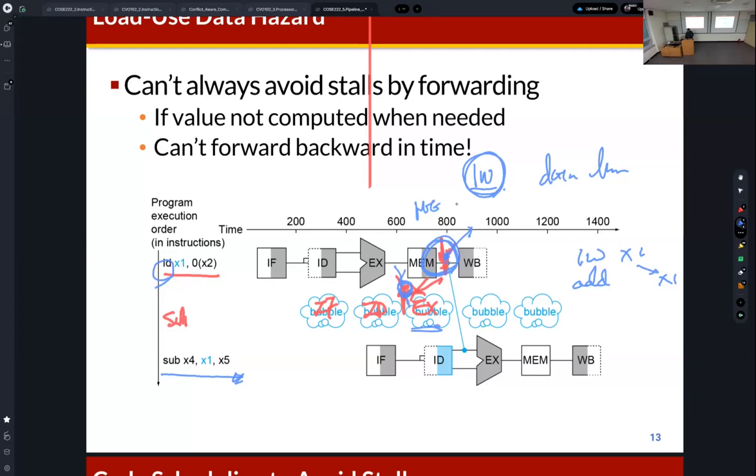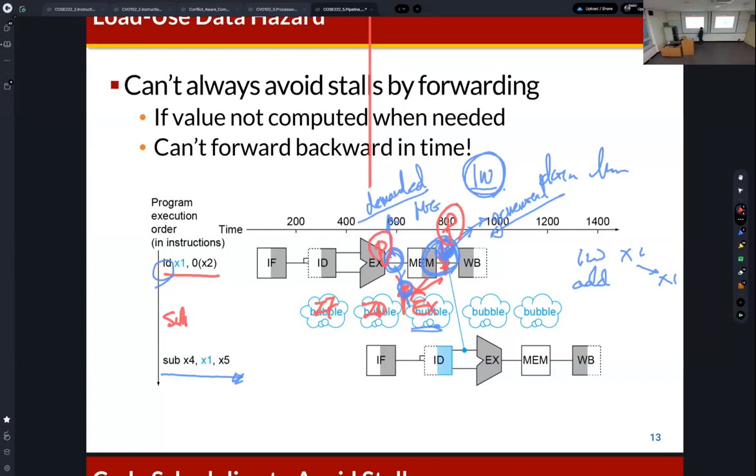So data is demanded at this point, but data is generated at this point. If we compare the generated time and the demanded time, you can find that this is the future and this is the past. It's not possible, so the data cannot be forwarded.